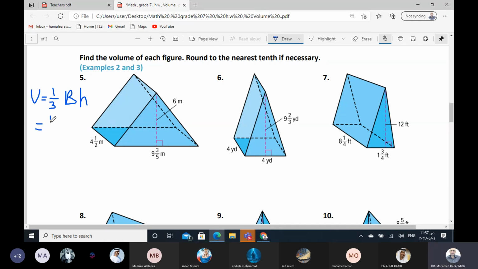Then we have here 1 over 3 and the type of the base, as you see here, we have rectangle. The area of the rectangle is length times width. The length here will be 9 and 3 over 5. This is a mixed number. 9 times 5 will be 45 plus 3 will be 48 over 5.